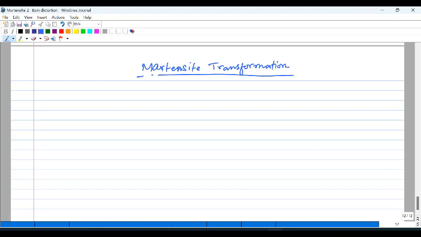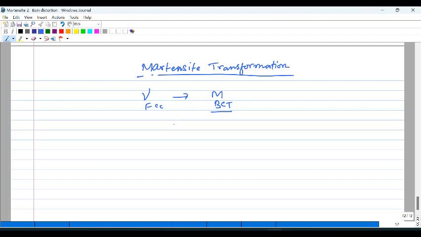We have also understood how this FCC structure can change to the BCT structure with some coordinated movement of atoms, okay?